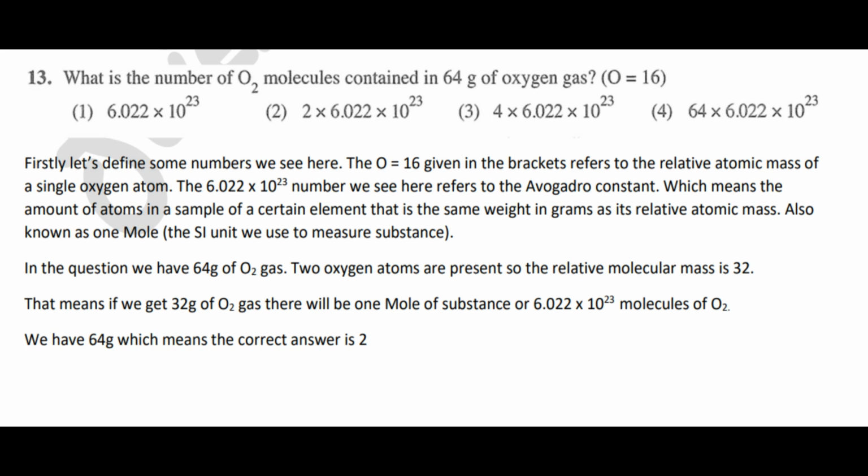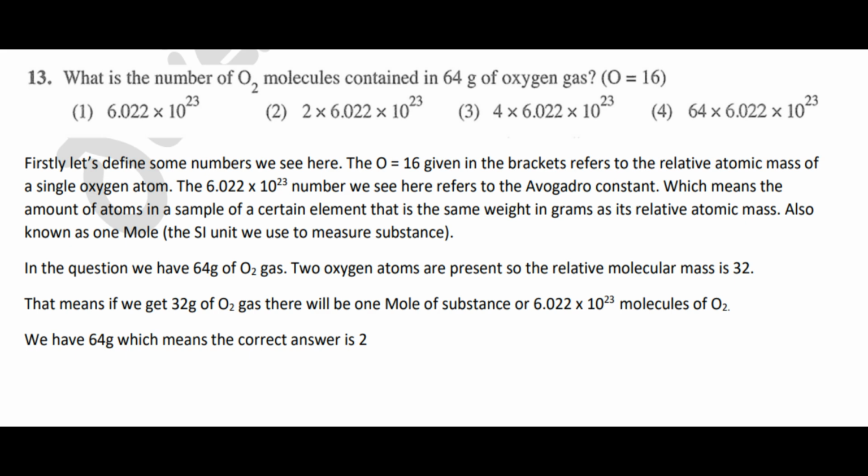So H2O's relative molecular mass is 18. So if we get 18 grams of water, that's like a sip of water, like 2 tablespoons. And the amount of water molecules, H2O molecules, in that sample of 18 grams is 6.022 times 10 to the 23rd power.